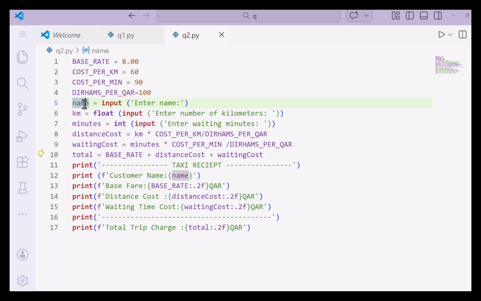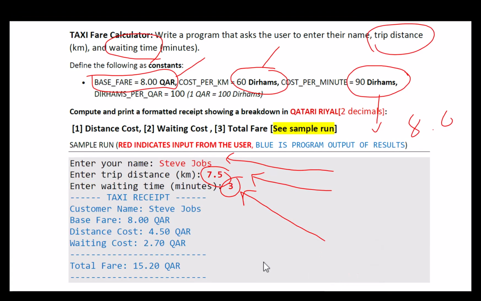They use input of different types. Sometimes you need to define constants. You do some calculations. It's a good idea to do them one by one. And then you do some output. Here is our question, taxi base fare, and we did calculate all these things and the output.